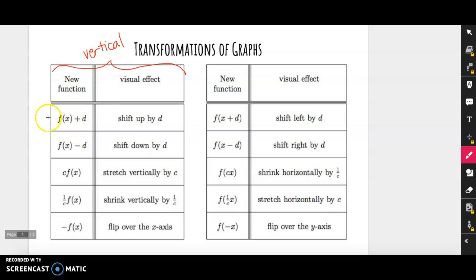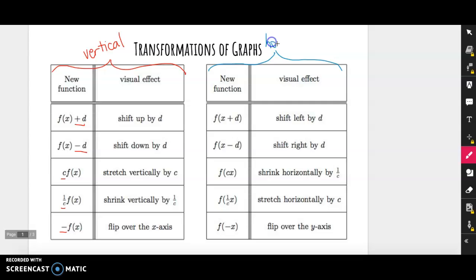And you can tell it's vertical because all of the things that are happening, the plus D, the minus D, the multiply by C, the multiply by 1 over C, and the negative multiplication, they're all happening outside of my function. So you see how that's different from over here where everything's inside of the parentheses. So these things are all happening outside of my function. And so that's one way to recognize that it's vertical versus this side, which is horizontal stuff.